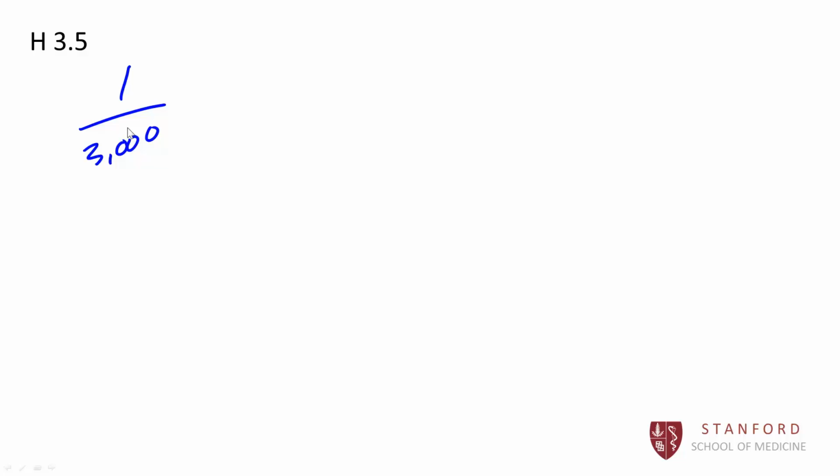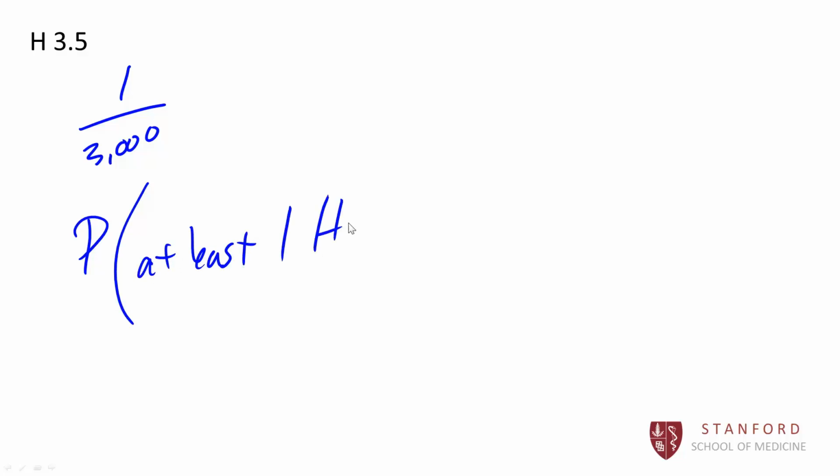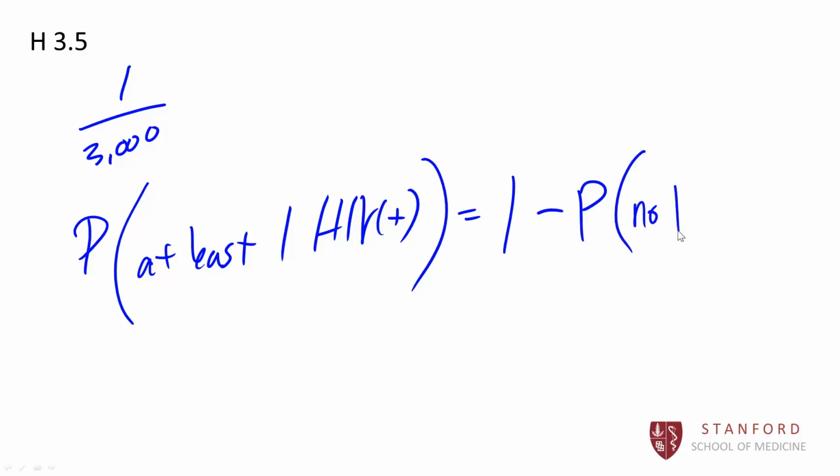Okay, so let me write this out using words first. The probability of having at least one HIV positive transfusion in those sort of 1,000 donor lots is equal to 1 minus the probability of having no HIV positive donors, right?